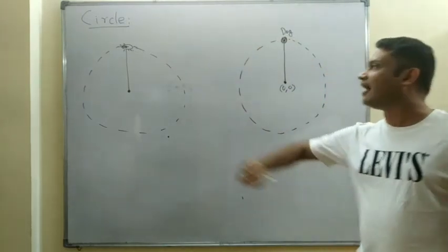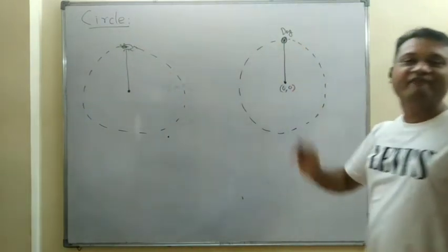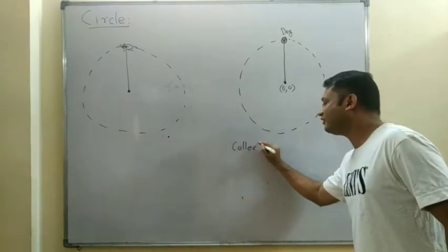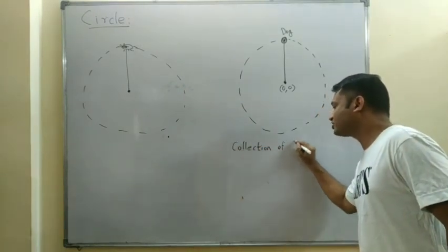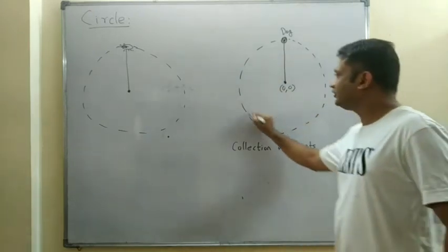So how do we define a circle? Circle is this dotted part. And what is the definition of circle? Circle is the collection of points. If you see carefully, we have various points denoted by this dotted line.